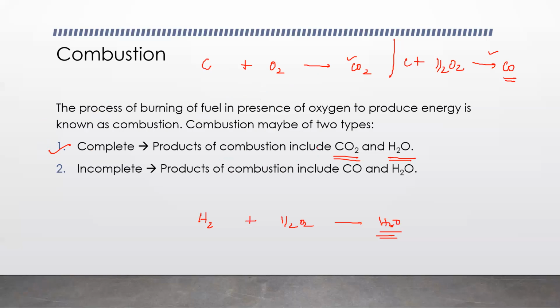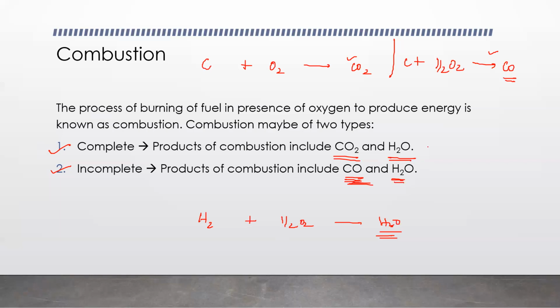And if there is incomplete combustion, that is, oxygen is present in a limited amount, or less oxygen is able to contact carbon or contact fuel, then the combustion is going to be incomplete. In that case, the products of combustion would include carbon monoxide and water.